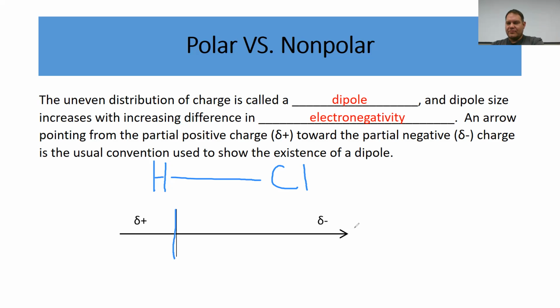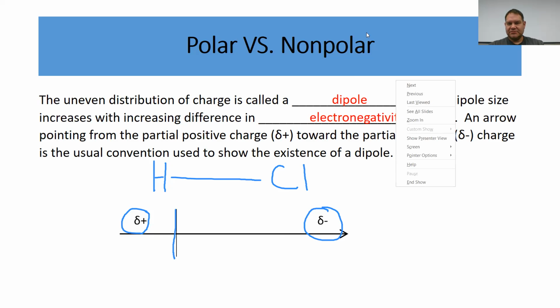And of course, where the arrow is pointing to the most electronegative atom, that is also where you're going to find the more negative charge side of the bond, and the other is going to be more positively charged. This creates our two poles, positive and negative. Hopefully that makes sense.